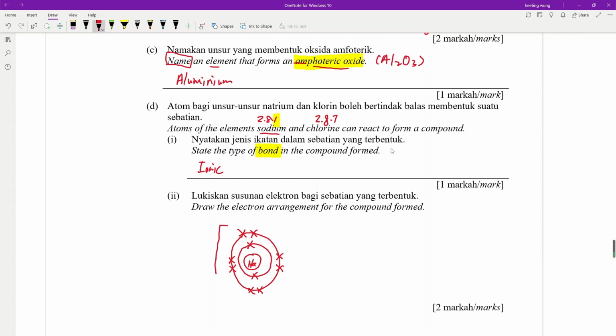So the charge should be positive 1. Then the 1 electron is received by the chlorine atom to form the chloride. So it forms 2, 8, 8. Shell number 1, 2, 3, 4, 5, 6, 7, 8. Shell number 2, then third shell.